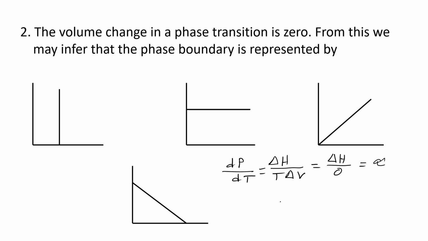Slope means tan theta. When will tan theta be infinity? At tan 90 degree. We know that tan 90 degree is infinity. Therefore, this angle must be 90 degrees. So this is the right representation, the right curve. This is 90 degree, and tan 90 degree will be infinity.